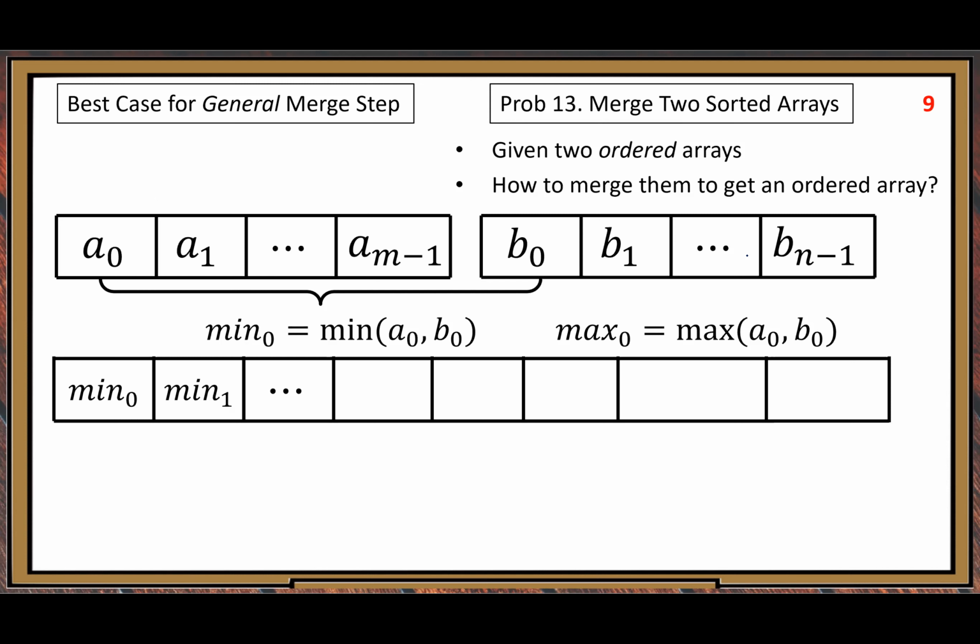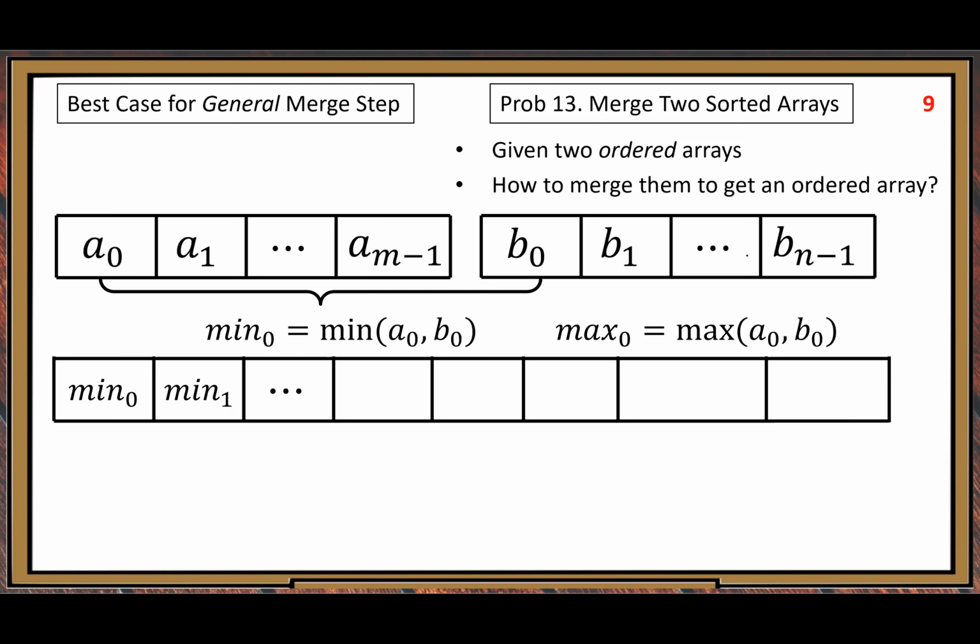One extremal case you can imagine is, think about if B0 is greater than all the elements in A subarray. That's possible, right? B0 is greater than the maximum, the last element in A subarray. If that happens, you only need to do comparison of B0 with all the elements in A subarray.